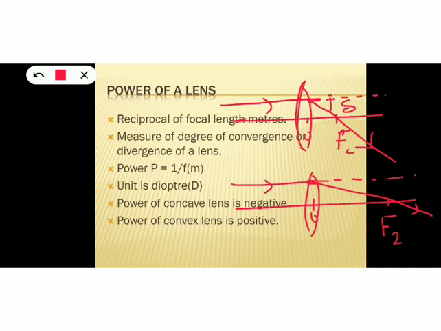Due to the presence of the lens, it has converged like this. So this angle gives us the degree of convergence here. Now look at the first and second figure. What is the difference between these two figures?